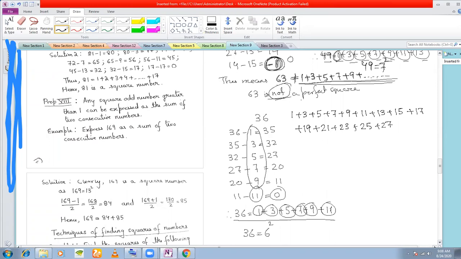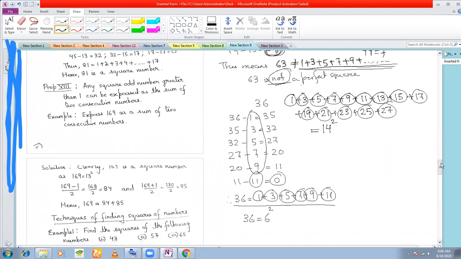Yes, count the number of odd numbers: 1, 2, 3, 4, 5, 6, 7, 8, 9, 10, 11, 12, 13, 14. There are 14 odd numbers. The sum has to be 14 square. Is it clear?